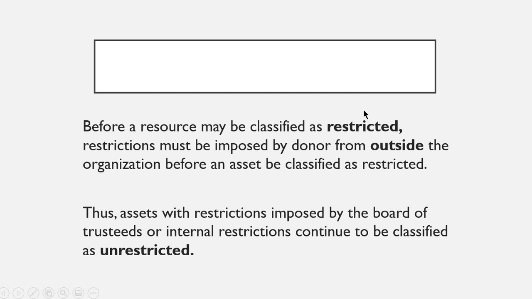So assets whose restrictions are imposed by the Board of Trustees or people within the organization would still be classified as unrestricted net asset.